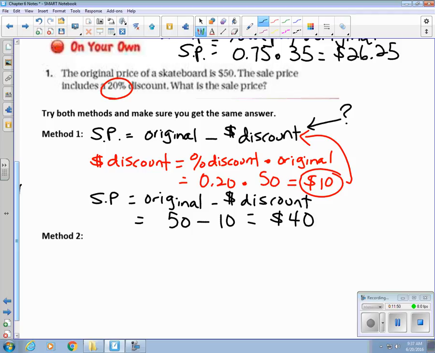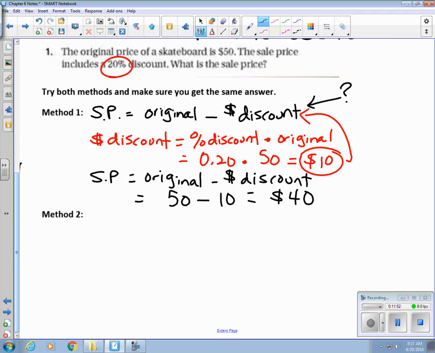That's method number one. Method number two, I'm going to start with sale price is equal to the percent we pay times the original.